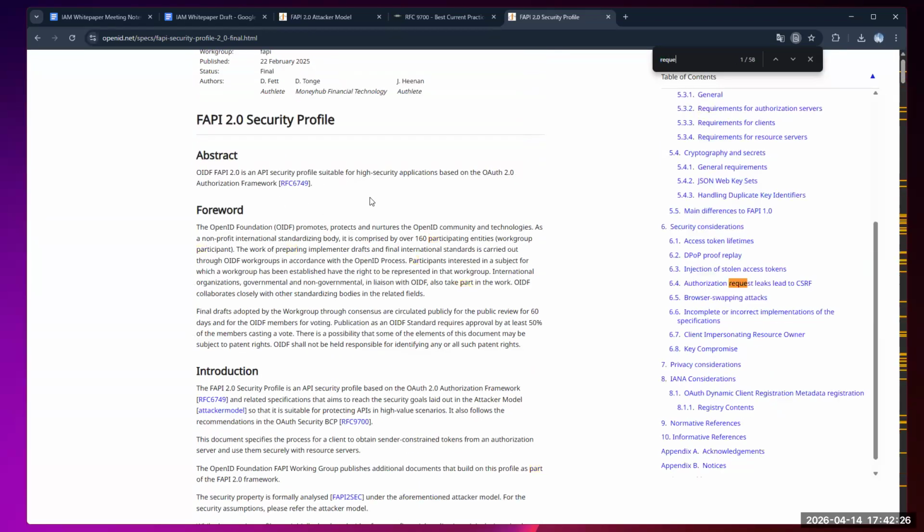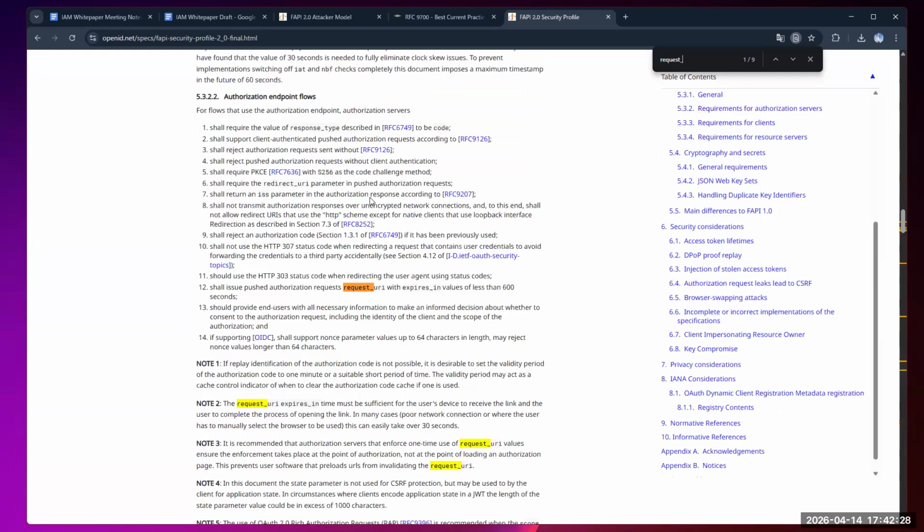First, the server shall issue a pushed authorization request, request URI with expiry in PAR.